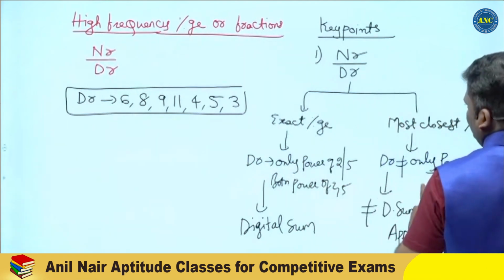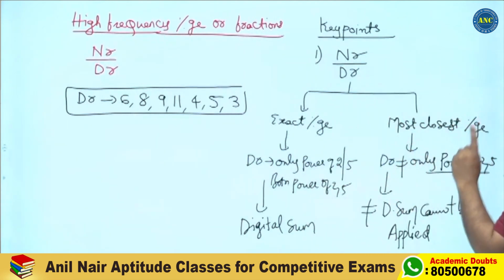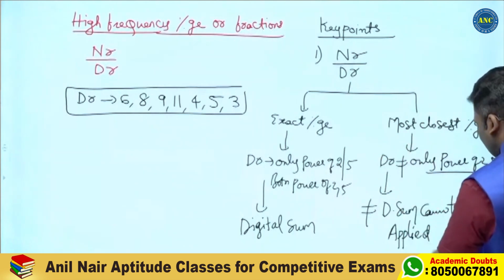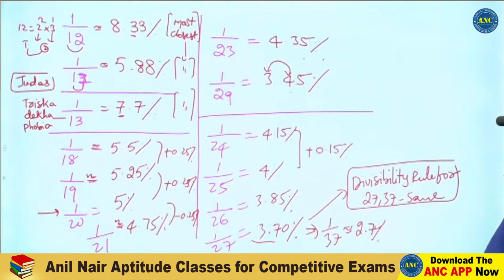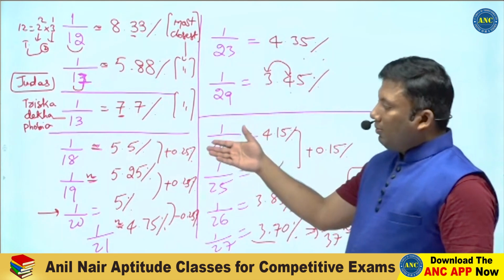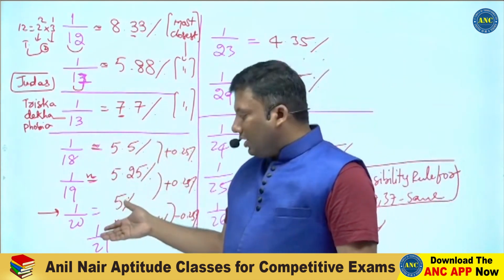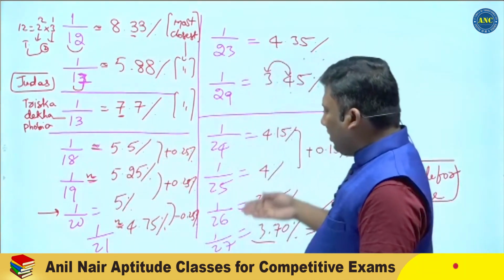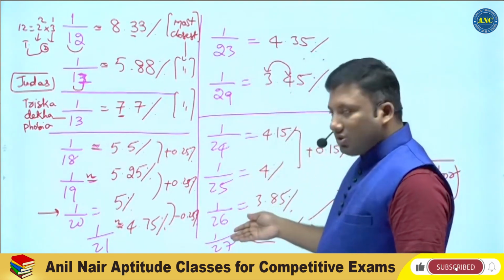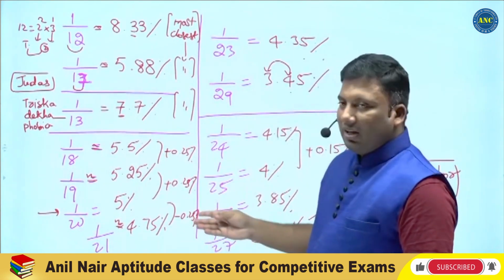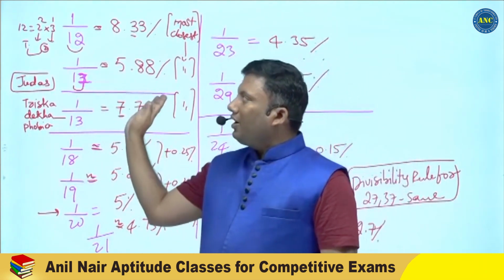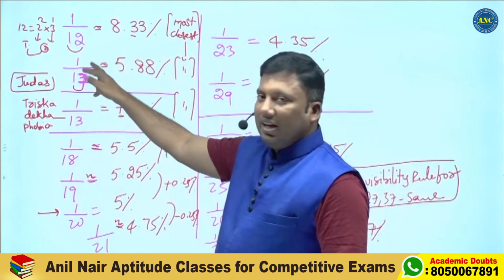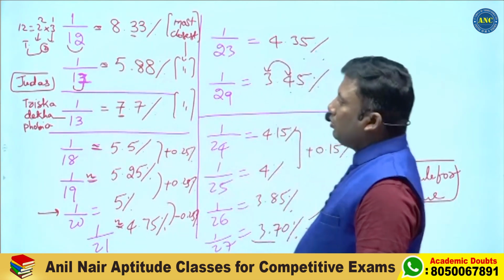First, what are the things that we discussed? Numerator by denominator. If the denominator is a power of 2 or 5, I will get an exact percentage. How to derive Pythagorean triplets? What are the mnemonics to remember? 18, 19, 20, 21: index is 1 by 20. 24, 25, 26, 27: index is 1 by 25. 1 by 13: triskaidekaphobia, fear of number 13. 12 and 17: cyclicity repeating is 2, so I derived.